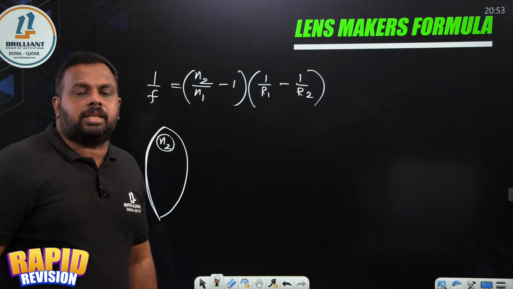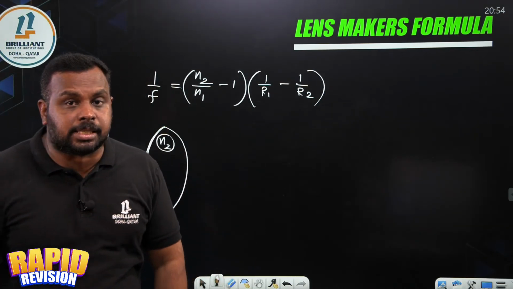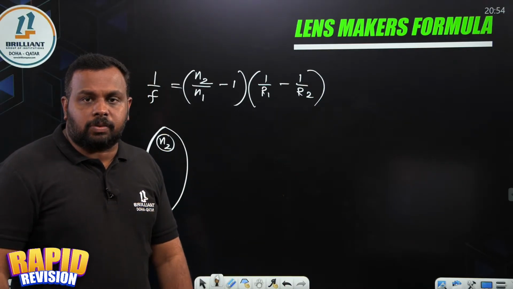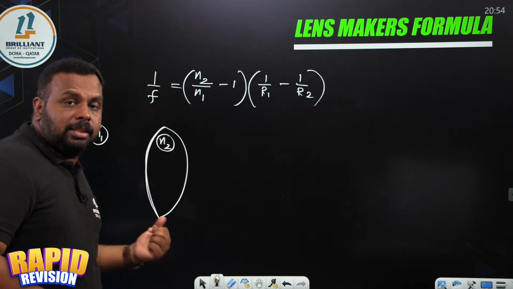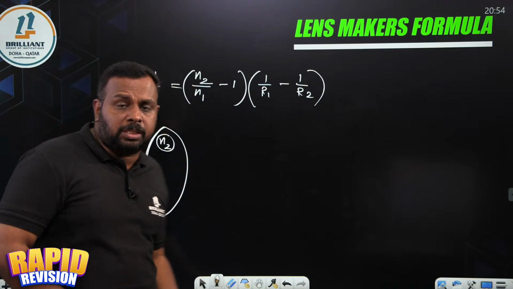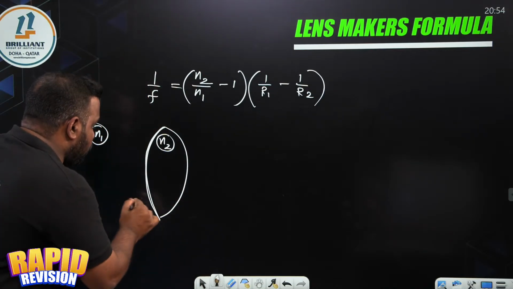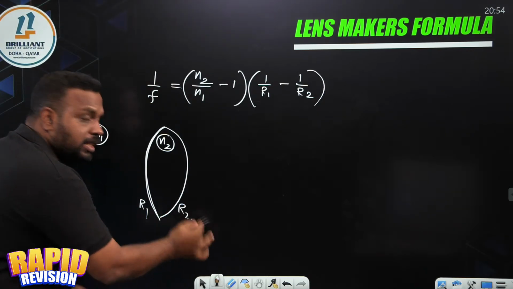One mistake that students make when doing numericals using the lens maker's formula is in the sign of the radius r1 and r2. My dear students, look at this diagram. This is a double convex lens, which means both sides are convex. So r1 is the radius of the left side and r2 is the radius of the right side.